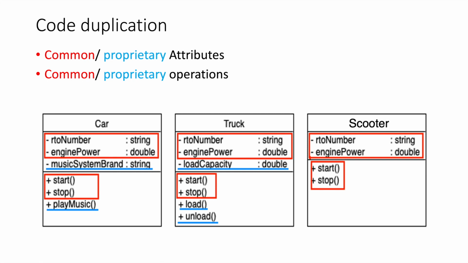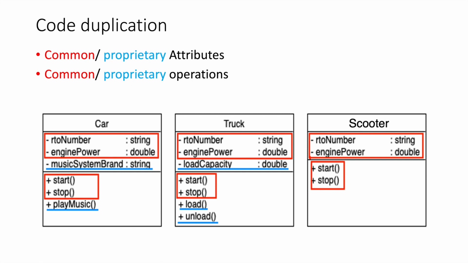So in this diagram, if you observe carefully, the attributes and operations marked by a red rectangle are the common ones. Those are present in all three. Whereas the attributes and operations marked by blue underline are going to be proprietary properties or features of those classes. For example, music system brand is only a proprietary property of a car and it is not present in truck or scooter.